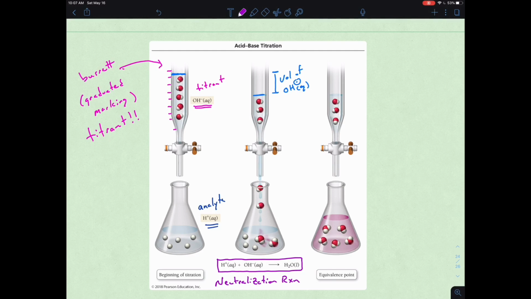Notice that the hydroxides falling into solution have one white sphere and one red sphere, and then we're seeing H2O being formed.